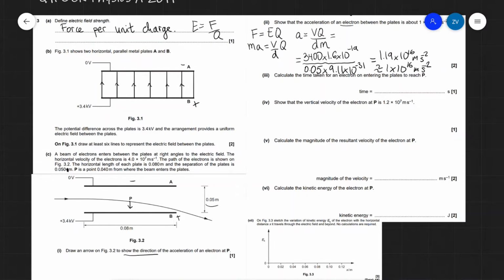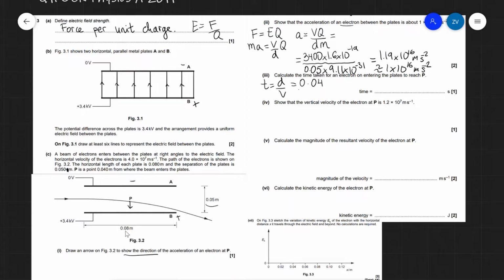Therefore, we can use simply the fact that time will be equal to distance divided by the speed. So our distance up to point P is going to be half of 0.08, so it's going to be 0.04.